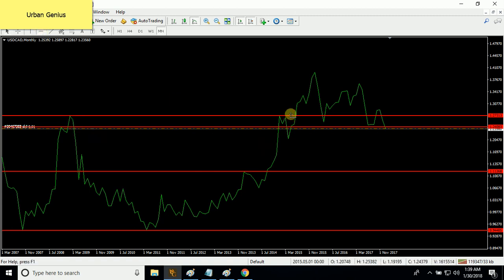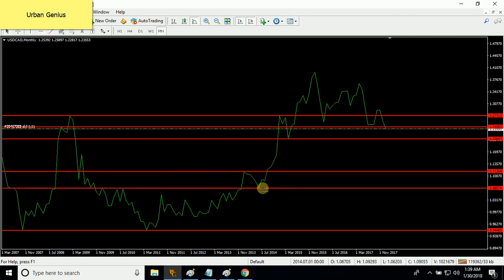Okay, so let's keep going. So we come to this high, bounce down to here, level of support. We can also put a level of support right here. Alright, following me?